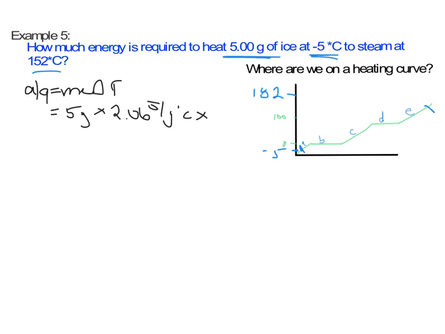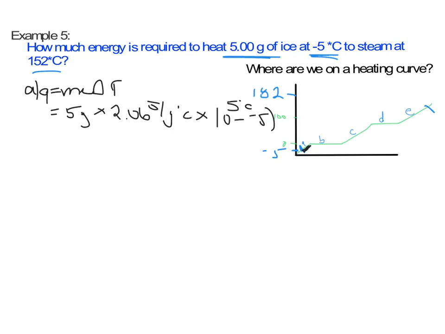Now what's important here is we only want the change in temperature of that tiny little piece of A on the graph. So final minus initial is going to be 0 minus negative 5 degrees Celsius. So our change in temperature here is only 5 degrees Celsius. I'm not interested in the change in temperature of the whole thing, right? Because on that part of the graph, we're just going from negative 5 to 0 degrees. So it's just a 5-degree change.